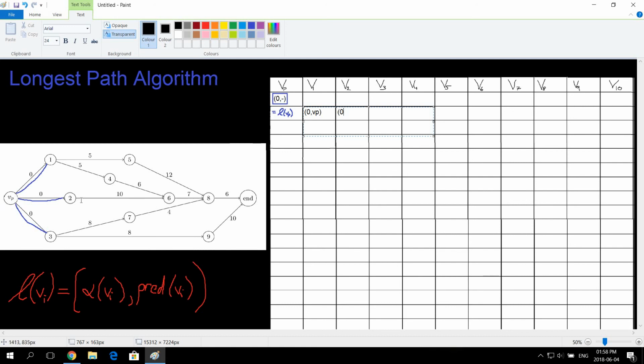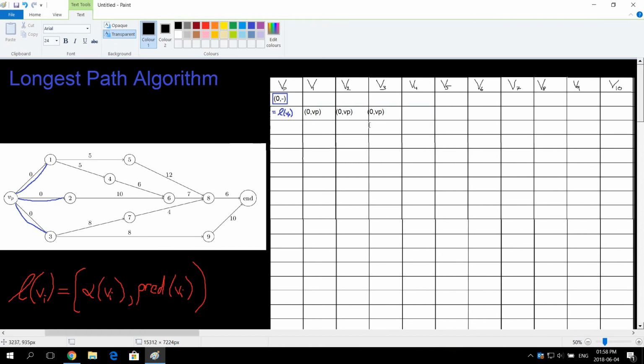Because to get to V2, it costs nothing. And the previous vertex was VP. And the same for the third one. Cost nothing to get there. And the previous vertex, where it came from, was VP.